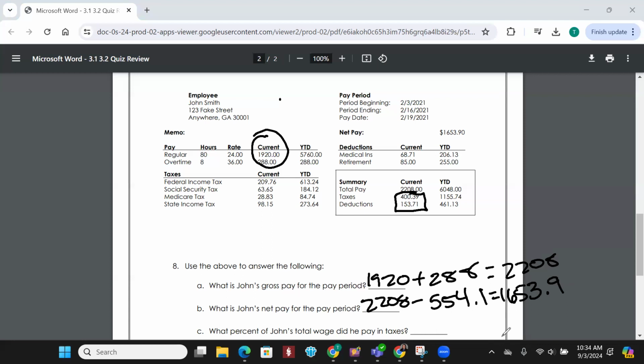Now, what percent of John's total wage did he pay in taxes? That's going to be take your taxes out of his total paycheck. How much taxes did he have? 400.39. And we're going to divide it by how much his gross was, which was 2,208.